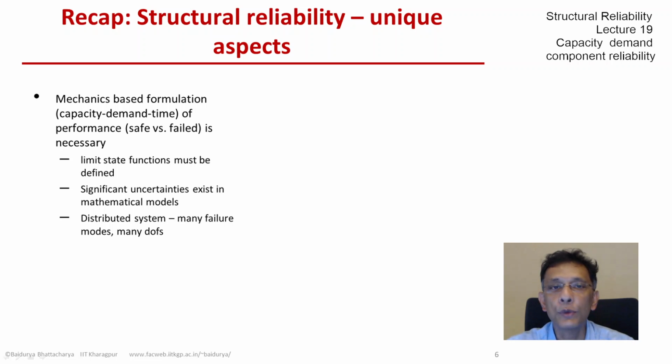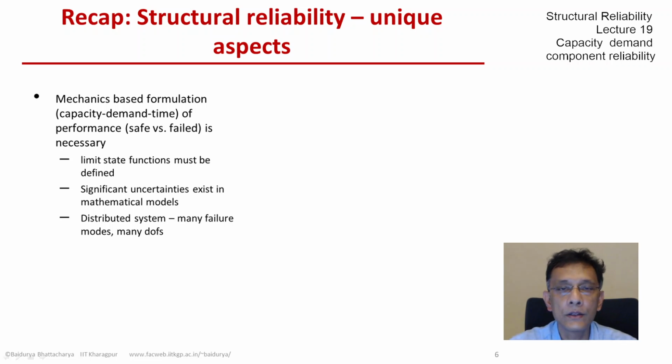So the formulation has to be mechanics-based, and if time is involved, then we have capacity, demand, and time. The capacity is in terms of mechanics, the demand is also in terms of mechanics. So we need that level of knowledge, which means we are going to be able to define the limit state functions, which we discussed in part B.